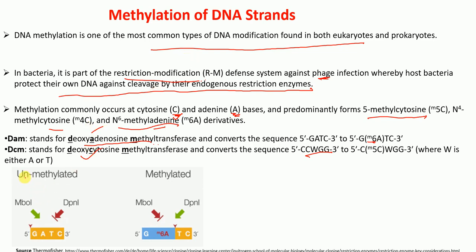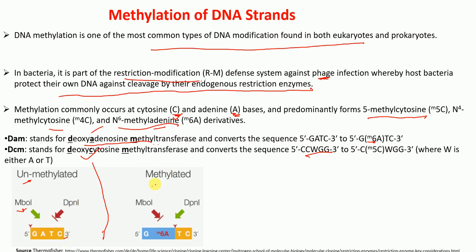For example, this is unmethylated DNA. When it is unmethylated, MBO1 can cut this restriction site, but DPNI cannot cut.